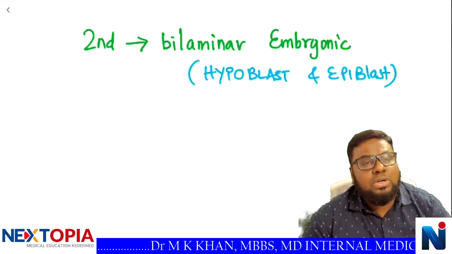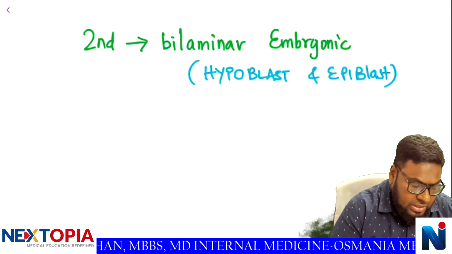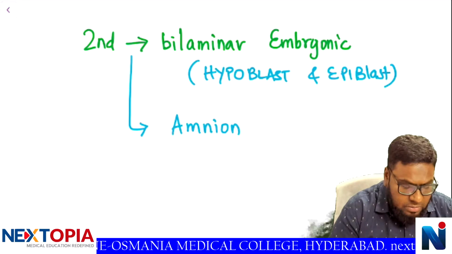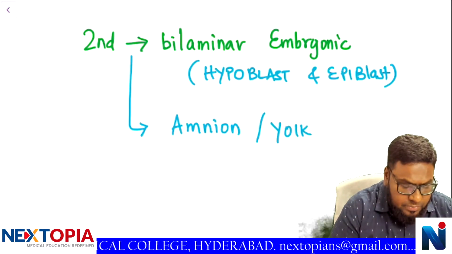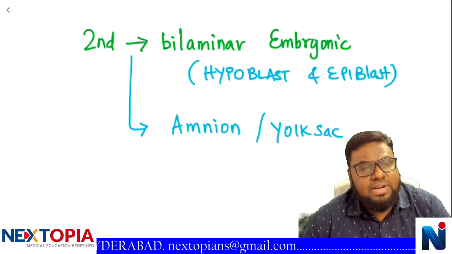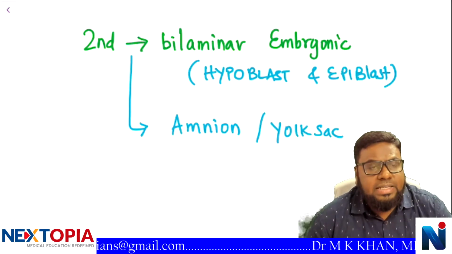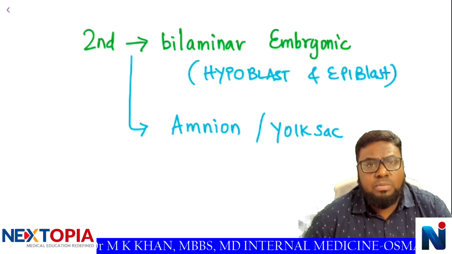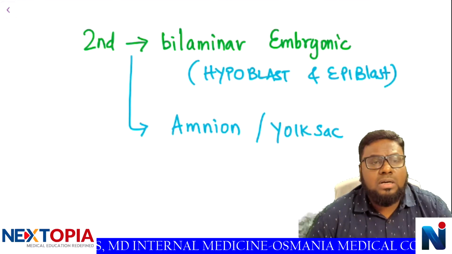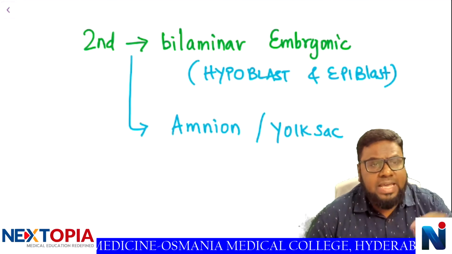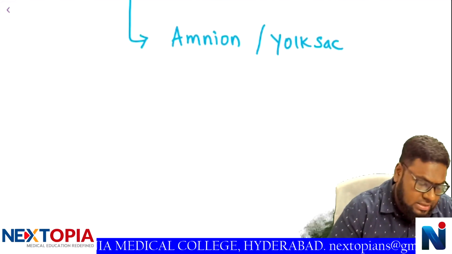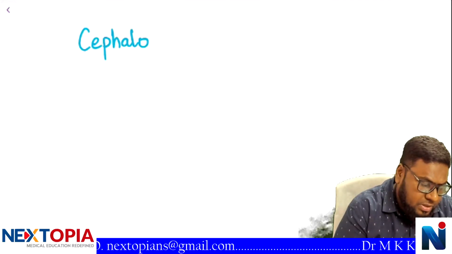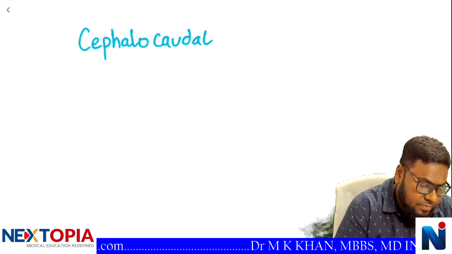Then I also told you that these will contain two cavities, the amniotic cavity and the yolk sac. Amnion and the yolk sac. So amniotic cavity and the yolk sac cavity, and these two are suspended by a stalk. Please remember that there is an axis formed. This axis goes from head to tail, you are calling it the cephalocaudal axis.